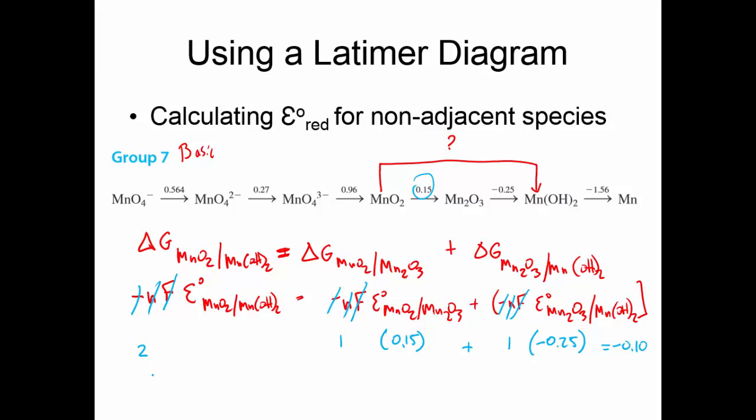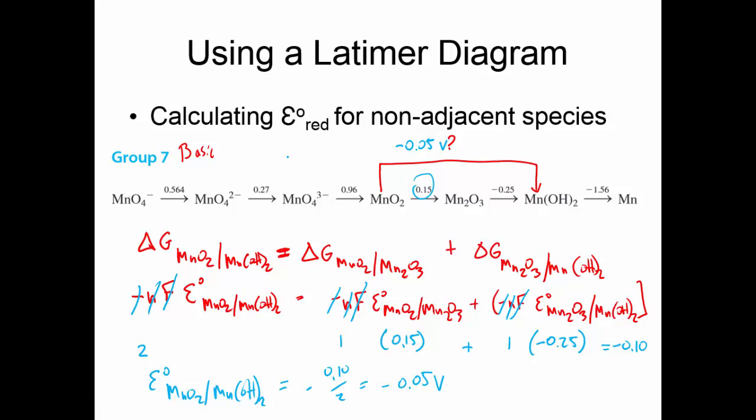So divide through by 2 and we get that the standard reduction potential to go from manganese dioxide to manganese hydroxide equals negative 0.10 divided by 2 equals negative 0.05 volts. And we don't write the volts, that's assumed to help make it more compact.